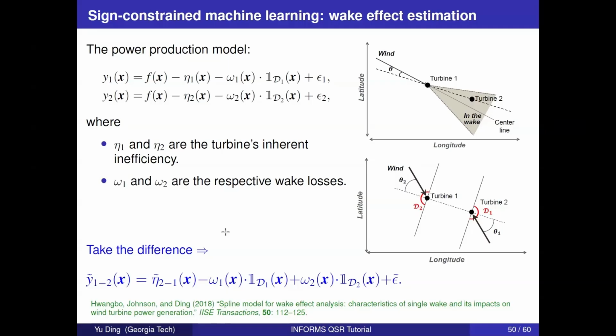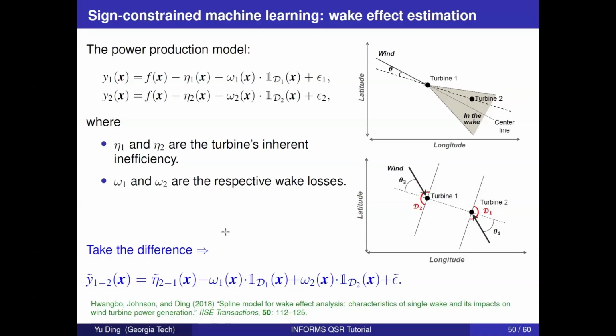Okay, so once you take the difference, you have the three terms, right? Basically two terms, because of omega 1, omega 2, only one will exist. And the first term, eta tilde 1-2, is really the inherent difference between the two turbines. For the first term, there's no sign requirement because we don't really know if turbine 1 is more efficient than turbine 2 or the other way around.